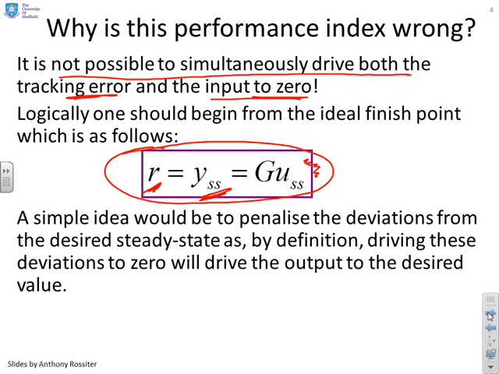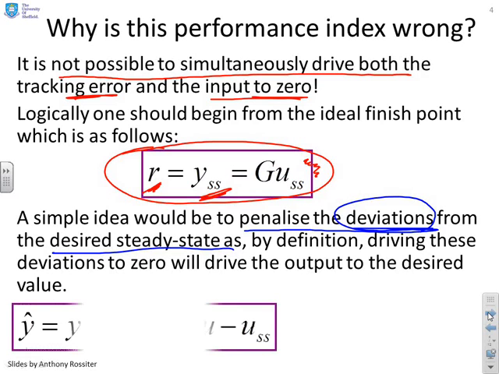And so a simple idea that's fairly common in the literature is to penalize the deviations, that's the key word, the deviations from the desired steady state, as by definition if we drive those deviations to 0, then we have to be driving y to r and u to the relevant steady state value.